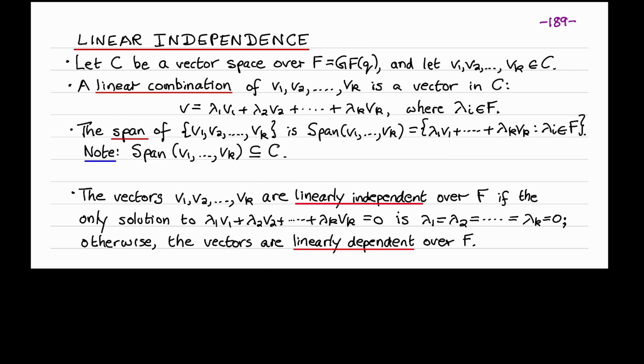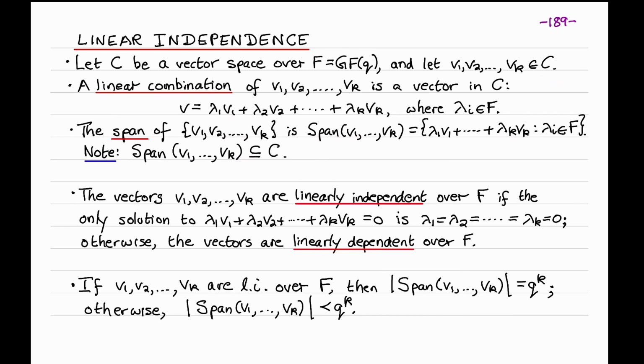Now, vectors v1 through vk are said to be linearly independent over F if the only linear combination of these vectors that gives the zero vector is the trivial linear combination where all the scalars are zero. If there is a non-trivial linear combination of these vectors that gives you the zero vector, then the vectors are said to be linearly dependent over F. Now, if these k vectors are linearly independent over F, then each of these linear combinations gives a unique vector v in the vector space.